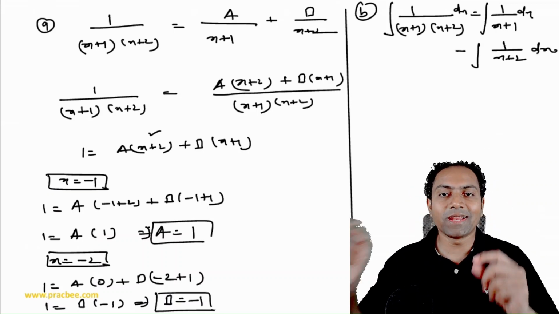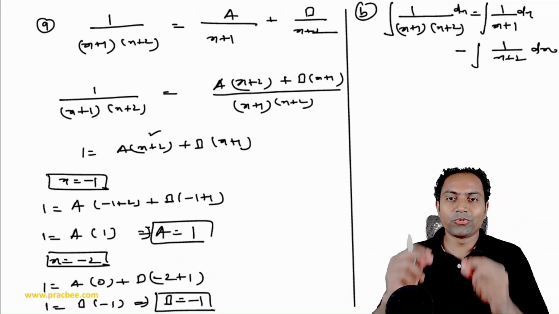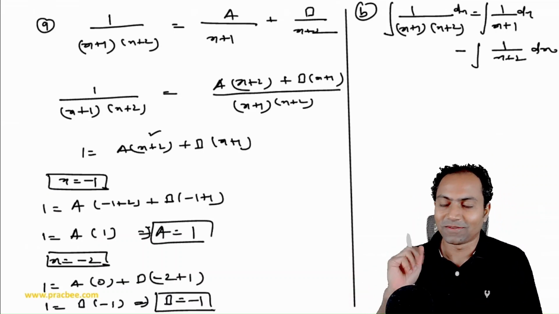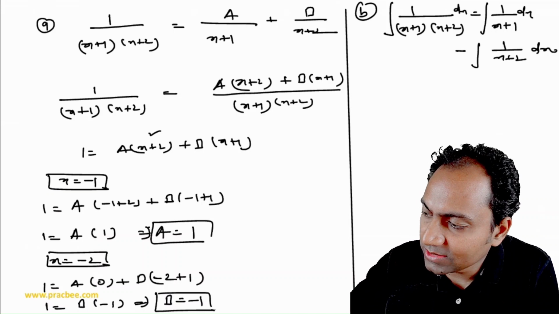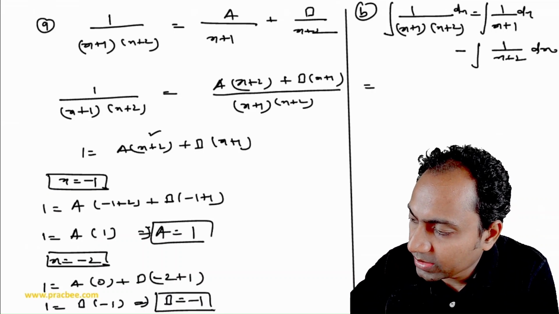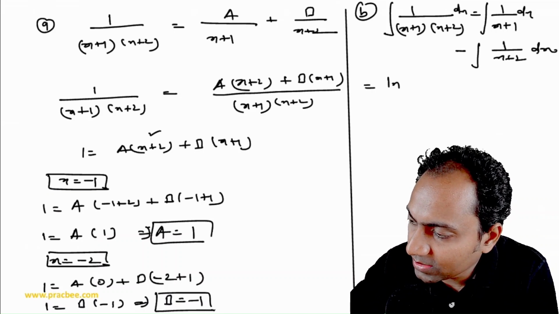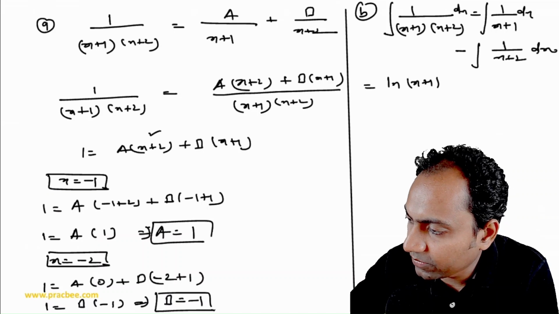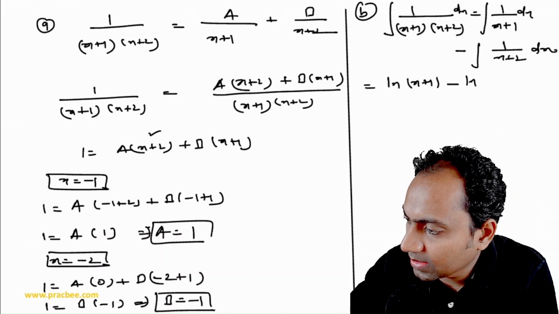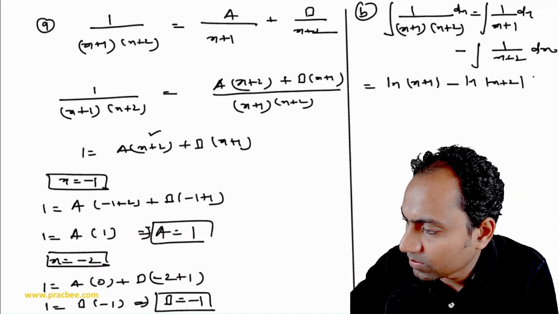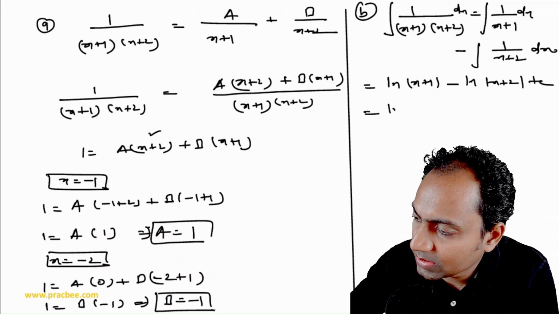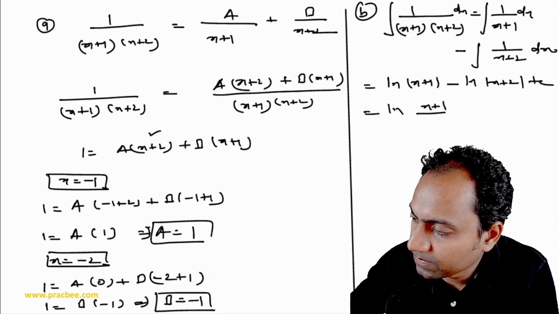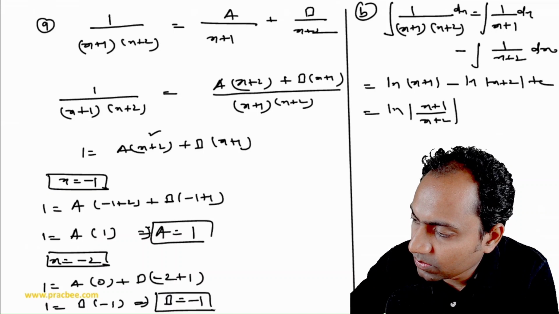This breaking down of an integral into two different integrals is known as partial fractions. Once I do this, in the next part I integrate and get the answer. The integration part is really simple. It becomes ln of mod of x plus 1 minus ln of mod of x plus 2 plus c. So the answer becomes ln of mod of x plus 1 by x plus 2, plus c.